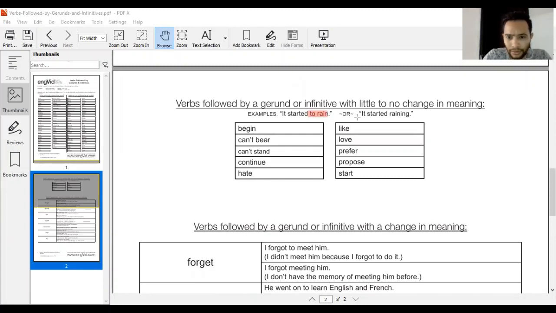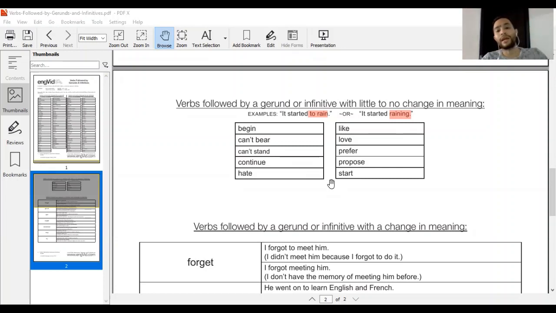But in the second example, you can say it started raining. I am using the pattern with gerund or ing. So it doesn't matter if I use to, infinitive, or ing. Whatever you want to use is okay. The one you prefer to use is fine. There's not a special rule for this.